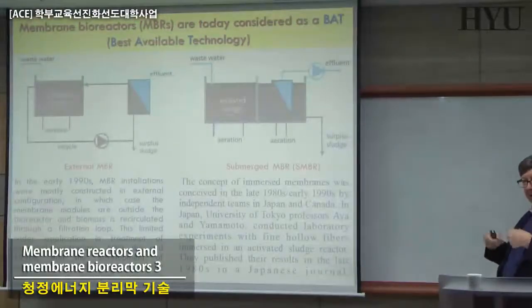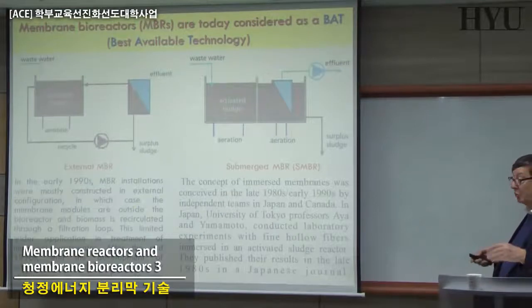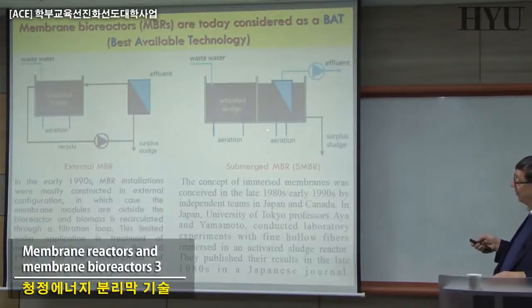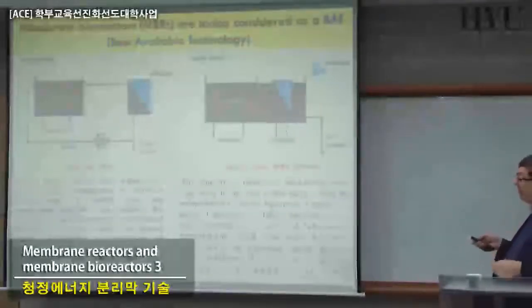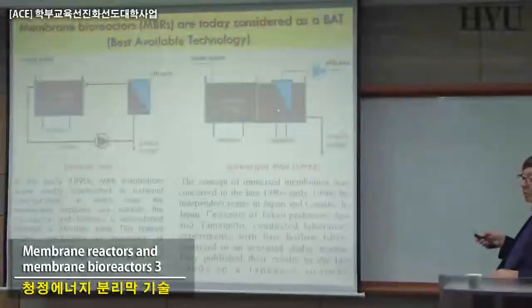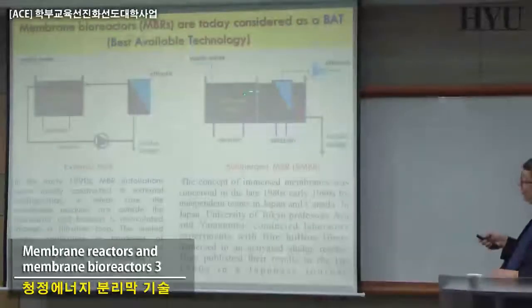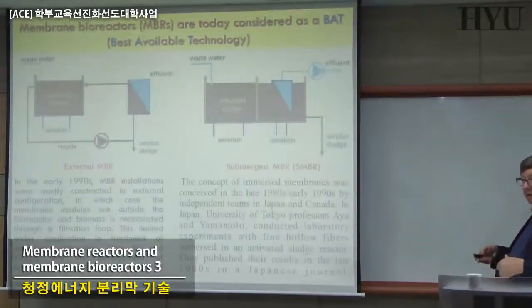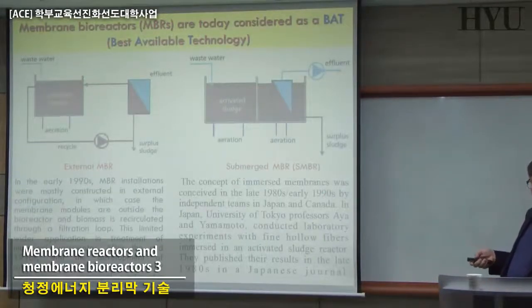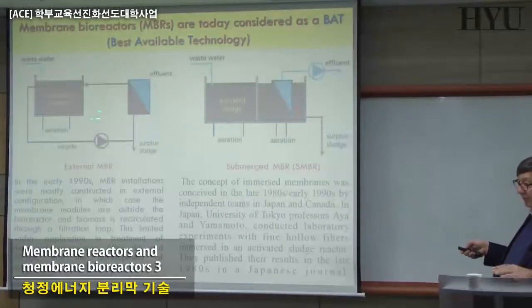It's a mechanical way to remove any deposit that you form on your membranes continuously. Depending on the velocity and the size of the bubbles, you can have very good control of fouling. That is a quite interesting concept that, when it was introduced in the 90s, today is the best available technology for this kind of specific application.